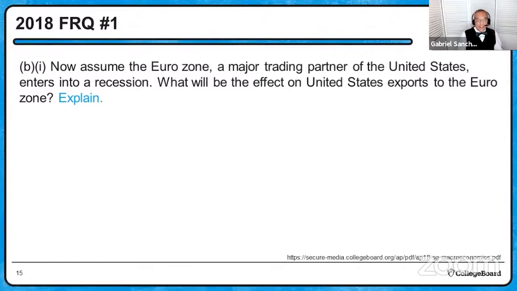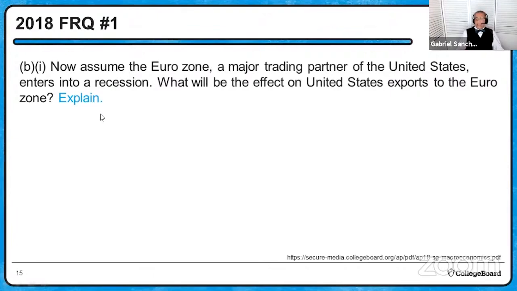When they ask you what will be the effect on United States exports, this becomes a 4-choice multiple choice question with an explanation. Exports can increase, decrease, remain the same, or be indeterminate, and an explanation.